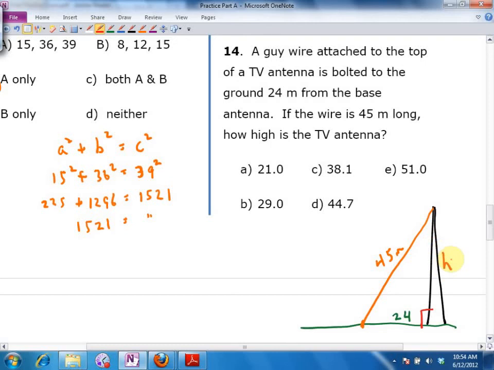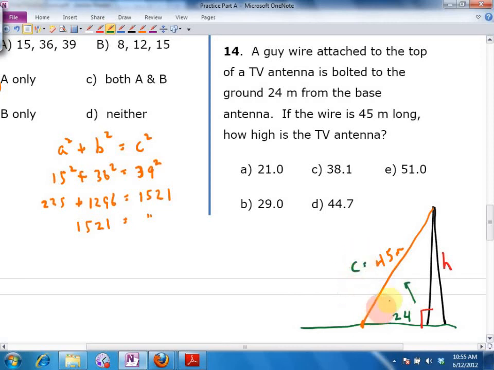Now which one is the hypotenuse? Roman, which is the hypotenuse here? Sorry? The H, the 45, or the 24? The 45, because that's across from 90 degrees, right? So that's going to be the C, or the hypotenuse.